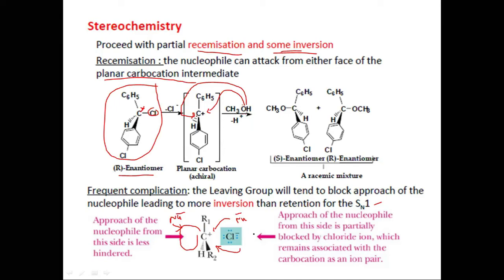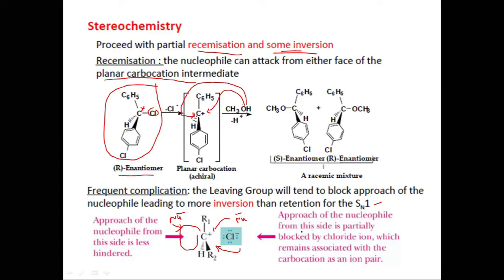The leaving group is negatively charged, and Nu minus is also negatively charged. In such cases, Nu minus needs to overcome the repulsive effect caused by this leaving group and then try to approach this particular site. But this is highly difficult when the carbocation and the Cl minus are closely associated.